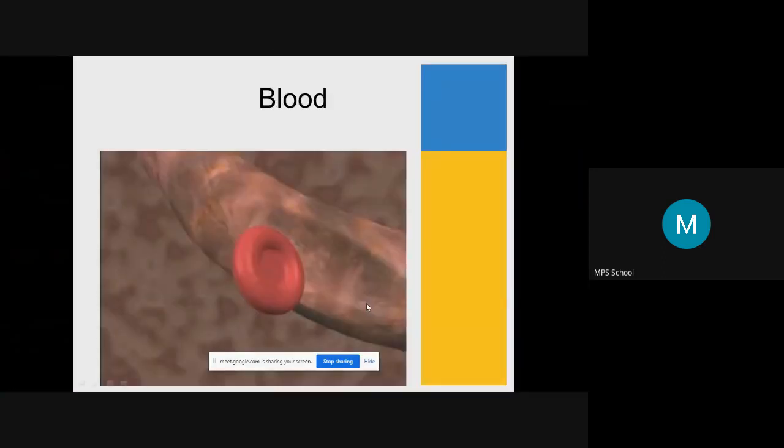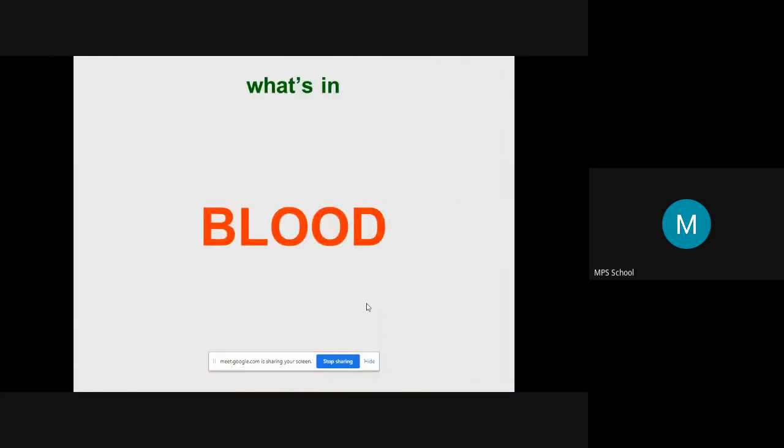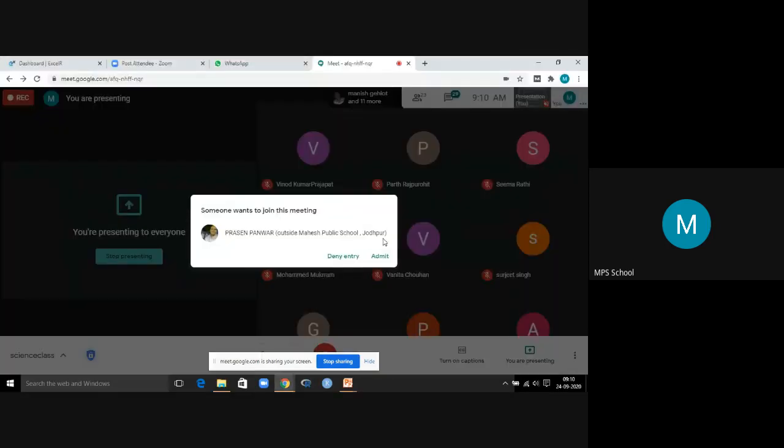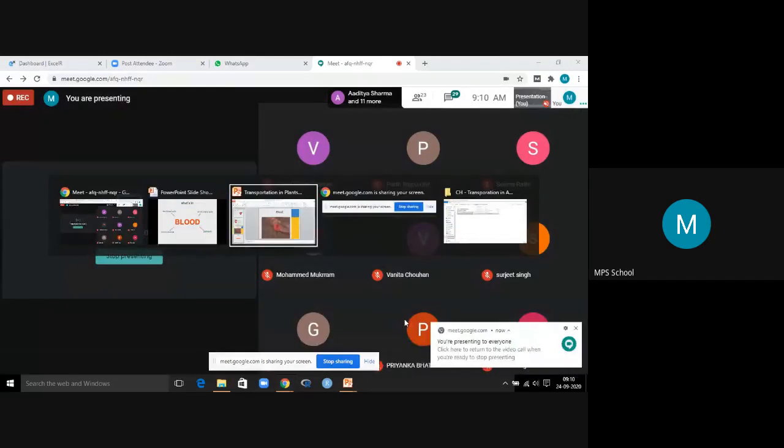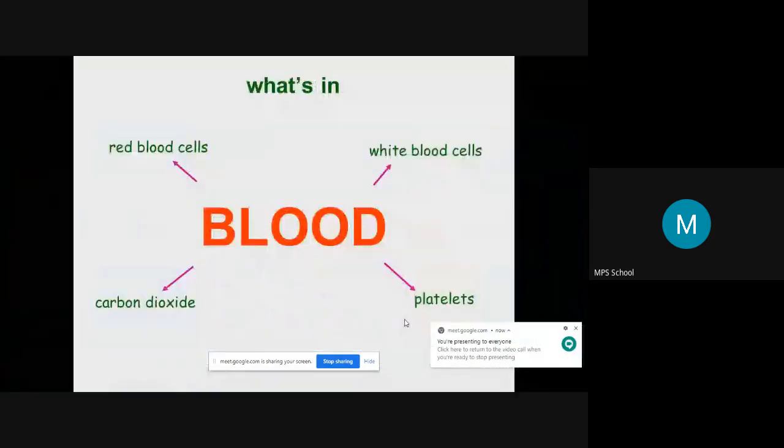Okay, now we'll see what is in the blood. About the blood, we'll see what the other particles in the blood are. You have red blood cells, white blood cells and platelets. WBC is called white blood cells, and we have carbon dioxide, and what else we have?